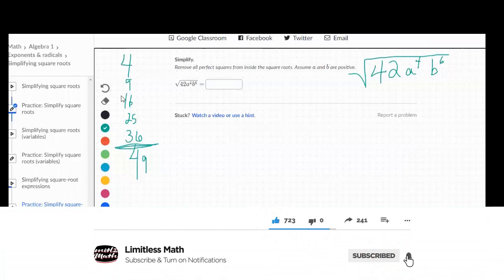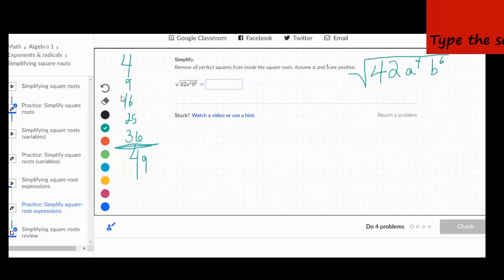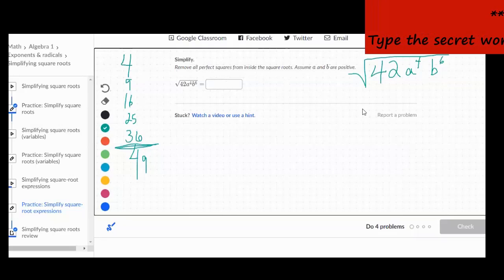When we do 16, 42 divided by 16 to see if we get a whole number, that doesn't work either. Can we rewrite 42 as 9 times something? And that's not working. And what about 4? That doesn't work either. And so for this problem, we will leave the 42 there because we cannot take out a perfect square. So it stays the same.